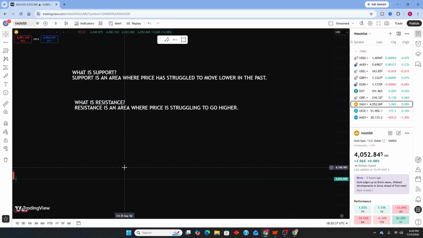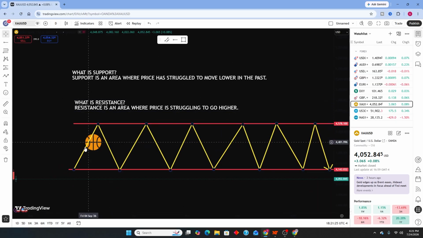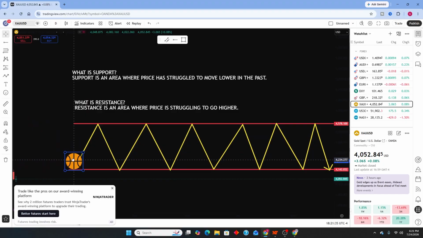And to give you a brief example, okay, let's say we were to take this basketball right here and decide we were going to bounce it through a narrow corridor, right? Support would be you throwing it on the floor. Resistance would be it bouncing off of the floor and hitting the roof.